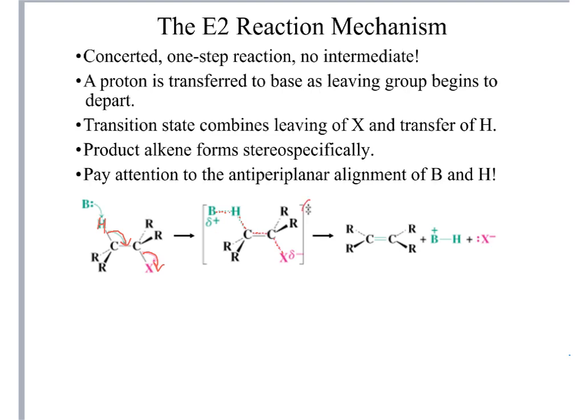Notice that the transition state involves anti-periplanar alignment between the hydrogen atom to be eliminated and the leaving group. Leaving group and the hydrogen atom have anti-periplanar arrangement.